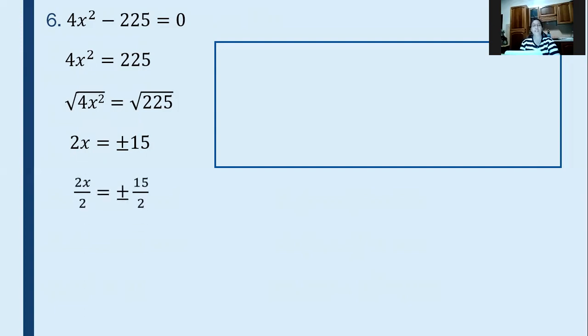Since the numerical coefficient of x is 2, and we are after just the value of x, or the root. Again, the root is the value of x. Since the numerical coefficient of x is 2, we have to eliminate the 2.